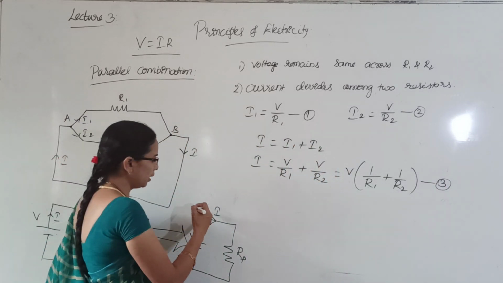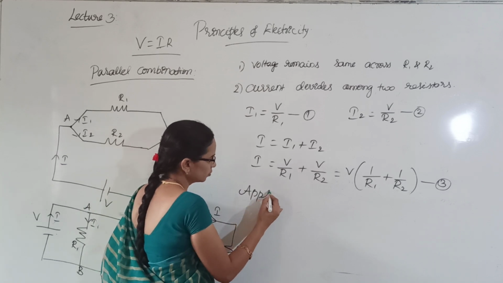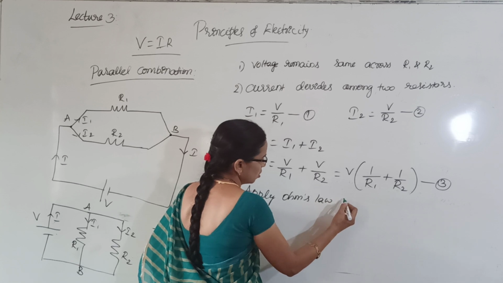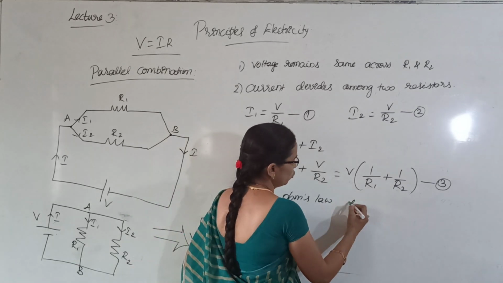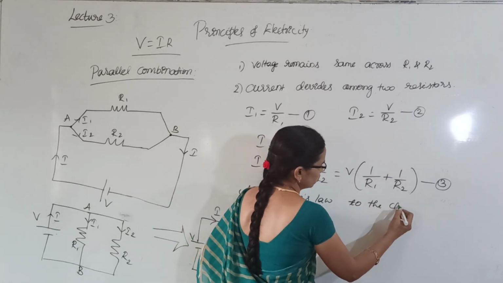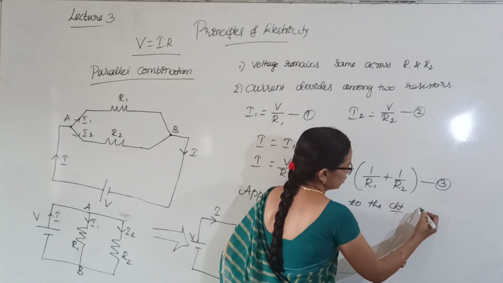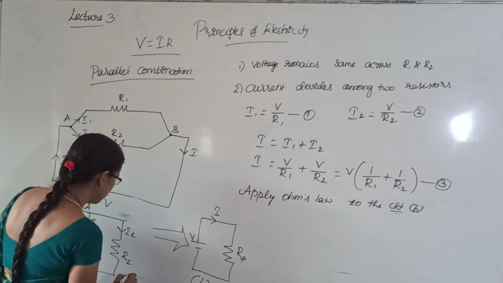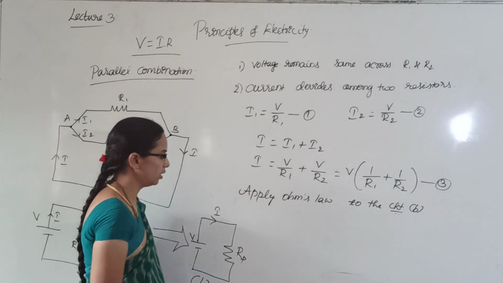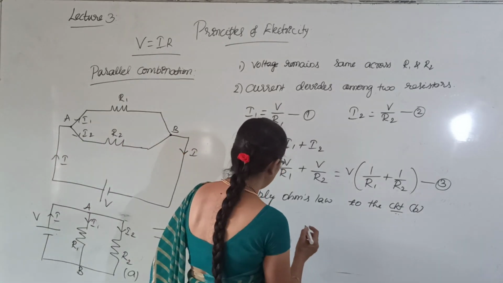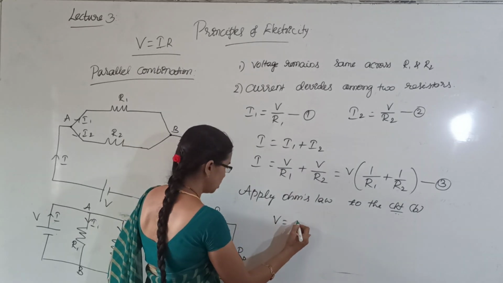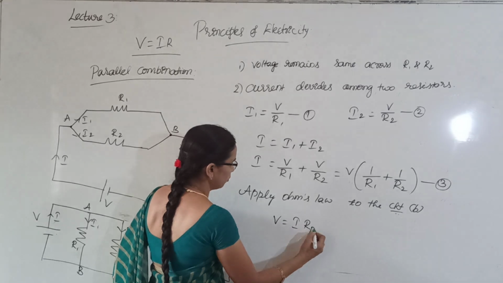Okay. If I apply Ohm's law to the circuit B, the equivalent circuit, call this circuit B and circuit A. What happens? V is equal to I into Rp.